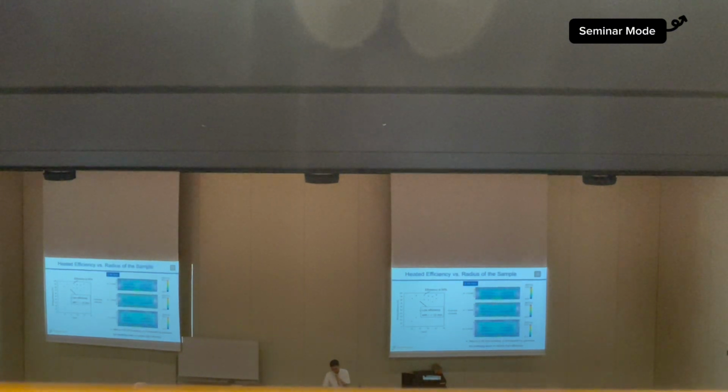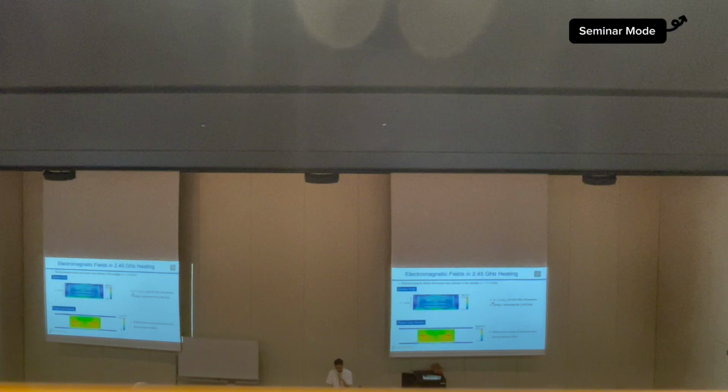So we can say that also in 2.45 GHz heating, it is important to generate the standing wave to realize high efficiency. This is the electromagnetic fields in 2.45 GHz heating when R equals 17.5 millimeters and the sample functions as a cylindrical dielectric resonator.